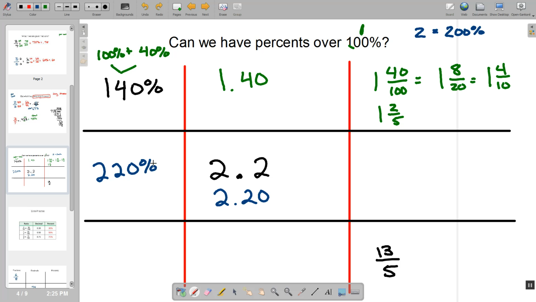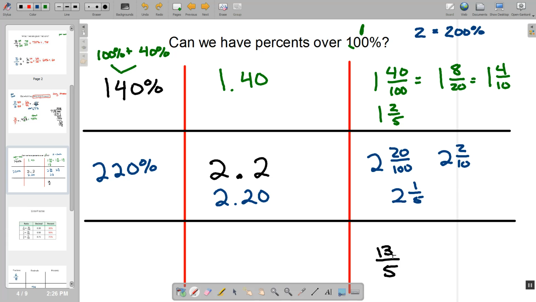So our percentage should be 220%. As a fraction, then we write this once again as a mixed number. We get 2 and 20 hundredths. I'm going to divide both of these by 10 to get 2 and 2 tenths. And divide both of these by 2 to get 2 and 1 fifth.